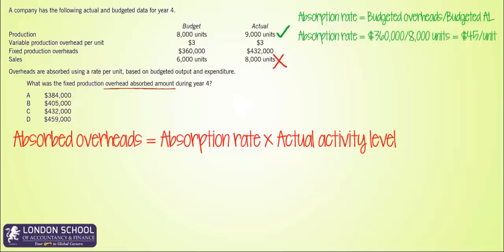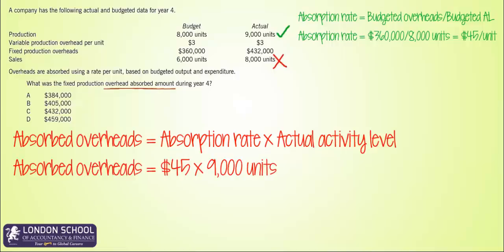So our absorbed overheads are going to be 45 times 9,000 units. 45 is our absorption rate, 9,000 is our actual production, so that totals $405,000, and that's our absorbed overhead amount. So the answer to this question would be B, which is $405,000.